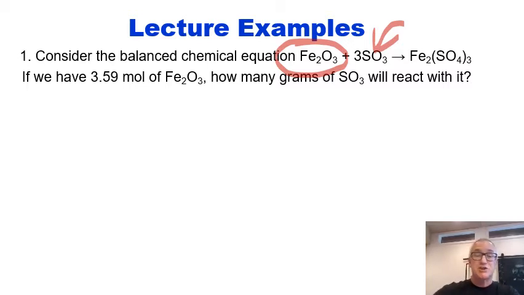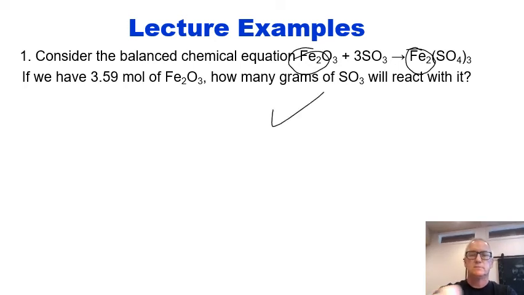So let us check and see that it is balanced. So let's have a look. I have 2 moles of iron on one side, and I have 2 moles of iron on the other side. So iron, we're good. So then I double check and see how many moles of sulfur in each one. I have 3 moles of sulfur here.